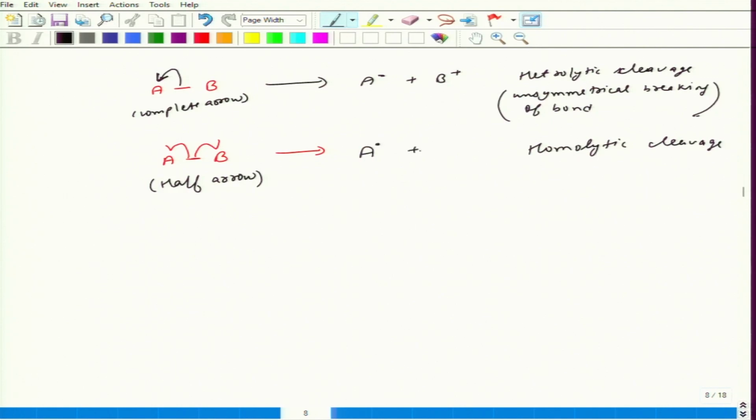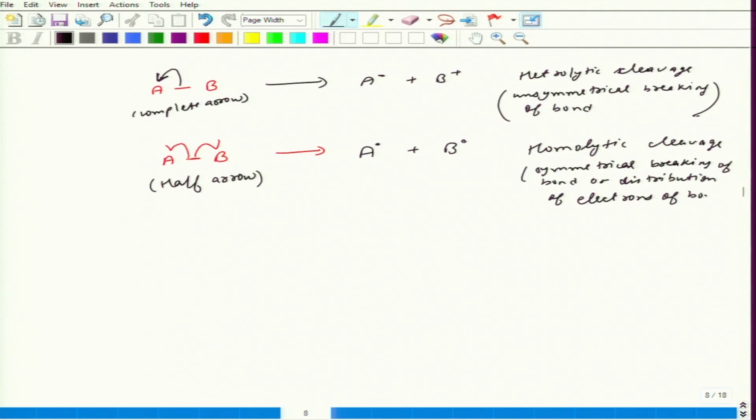A radical plus B radical, that is symmetrical breaking of the bond, or symmetrical distribution of electrons of the bond. Okay. So, this is what is meant by homolytic cleavage and heterolytic cleavage.